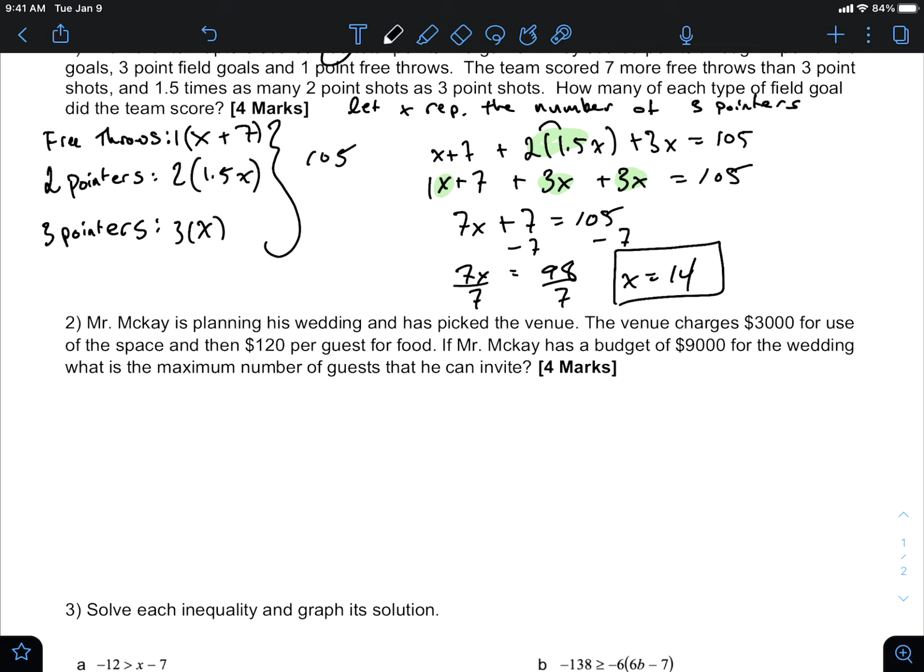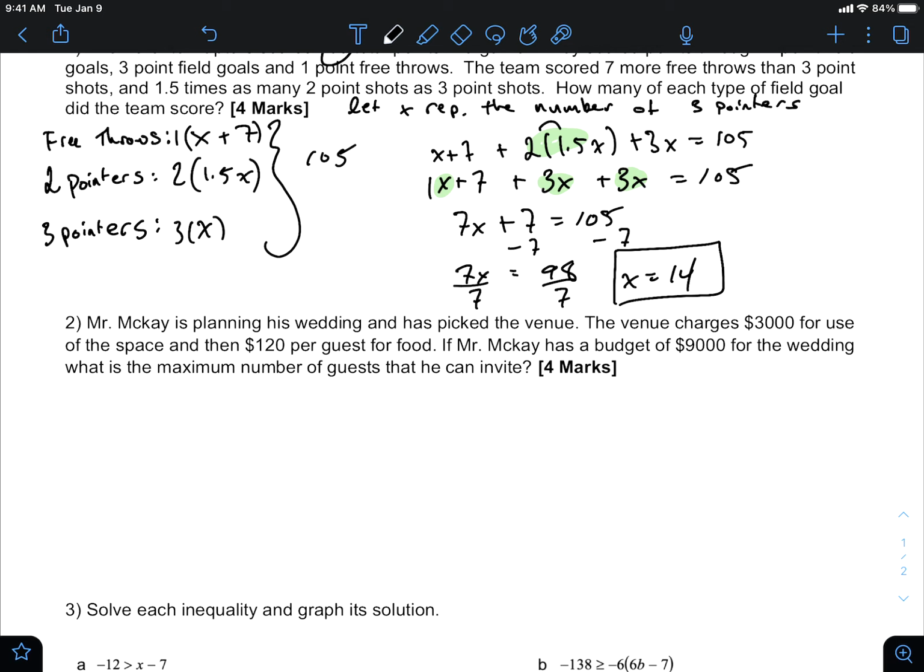Am I done? Declan said no. Colson's also saying no. It'd be very easy to say, I found x, I'm done. Very easy to do that if you didn't finish reading the question, right? It says, how many of each type of field goal did the team score?